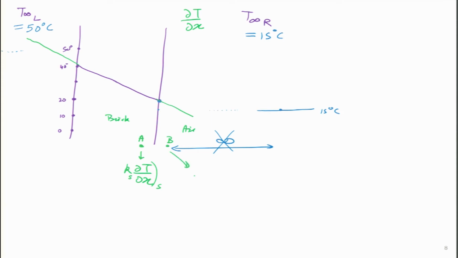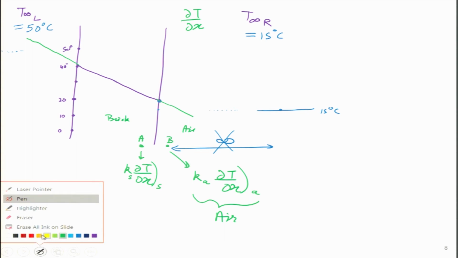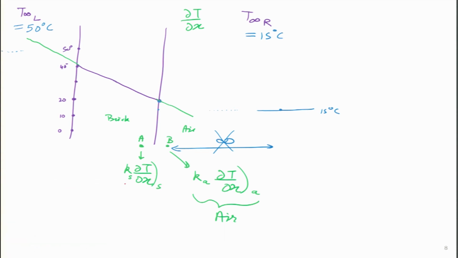At point B, this is of air, k of air and ∂T/∂x of air as well. Just see, I am also assuming that conduction is taking place through air. Just for a few minutes, bear with that, do not get confused. I am just doing a comparison of the magnitude analysis. So, let me pick another color. If I ask the audience a question, which is larger, K_s or K_a?